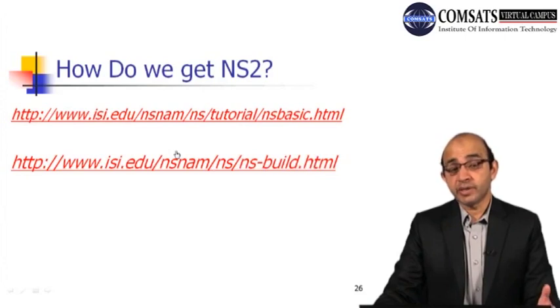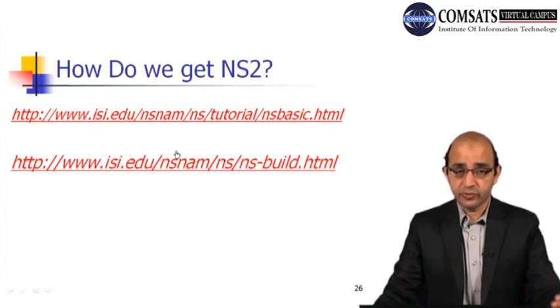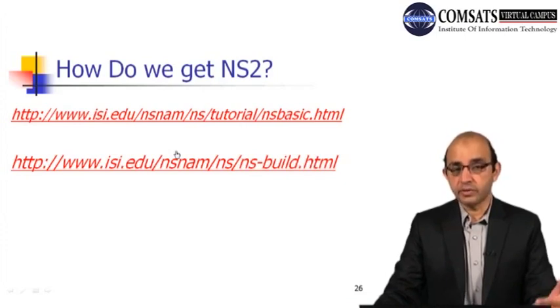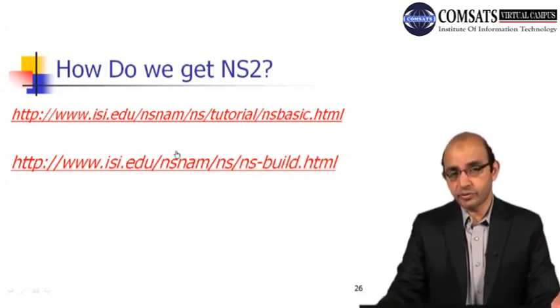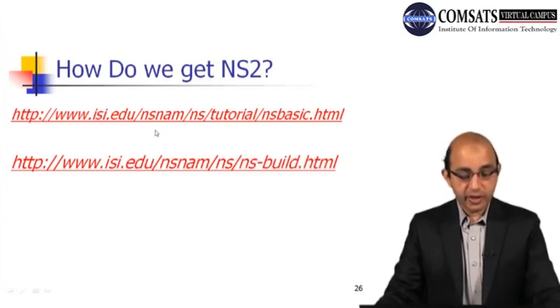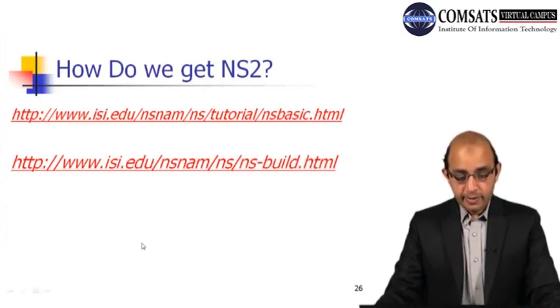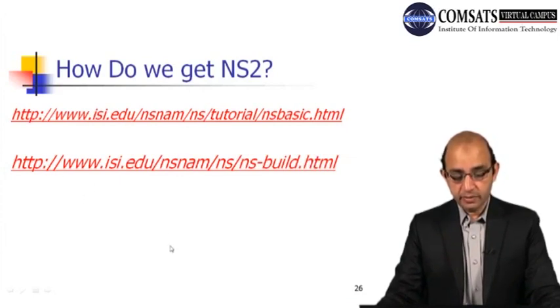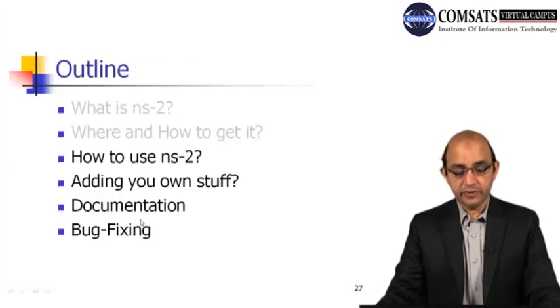On the other side, if you are using Windows, we have already shown how you can install it. You can use Cygwin. Moreover, there are other repositories that also provide NS2, but this is the official and main repository where you can get NS2, right?